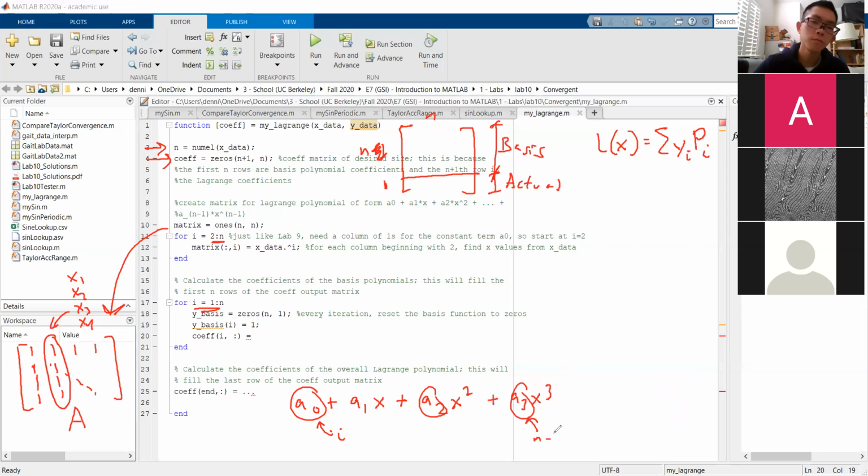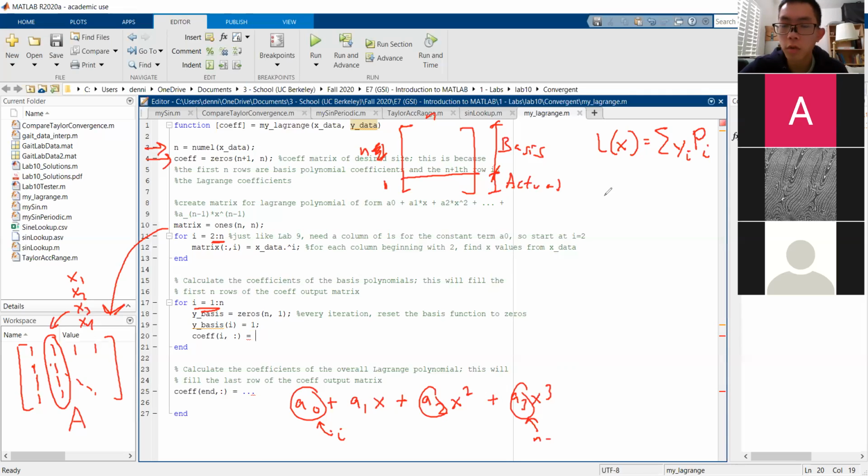Well, I guess this is a little bit different, but no, I think it's actually the number of the x data. It's the same numbering, either 0 to n minus 1 or 1 to n. But let me just write this out.